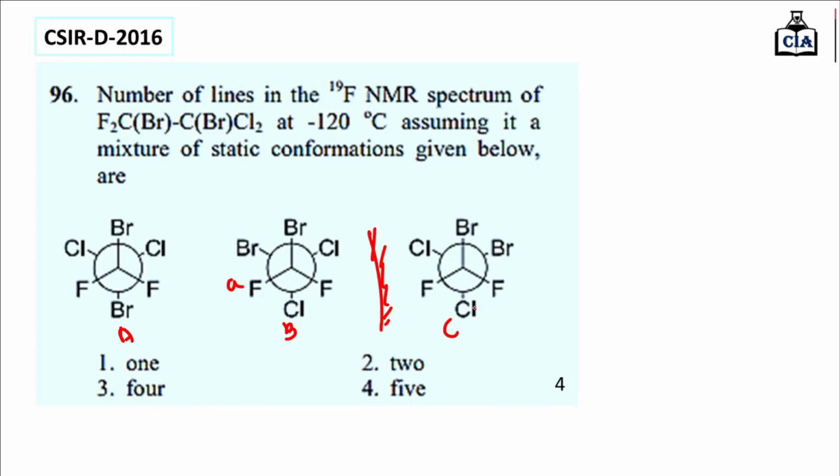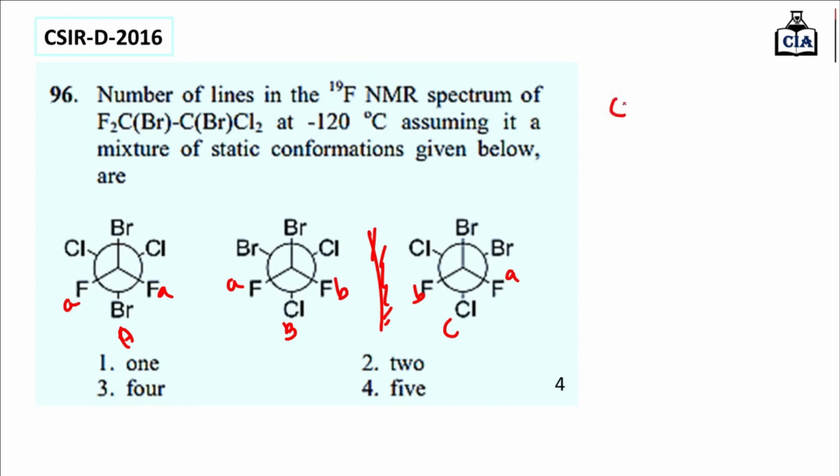This is also present in between bromine and chlorine, so this is also A type of fluorine, and this fluorine is present in between two chlorine atoms, so this is B type of fluorine. Okay, and if you look at this first structure A, both the fluorine atoms are present in between the chlorine and bromine, so both are equivalent fluorine atoms.